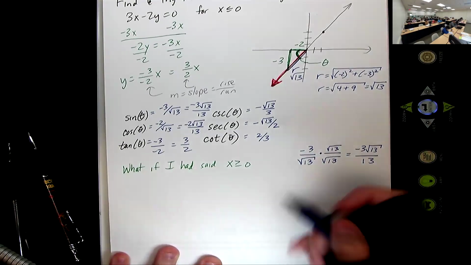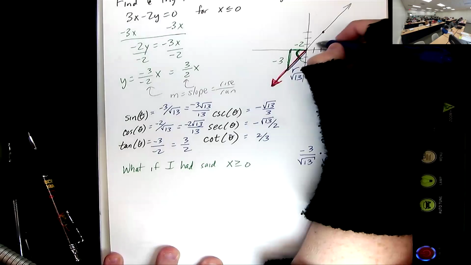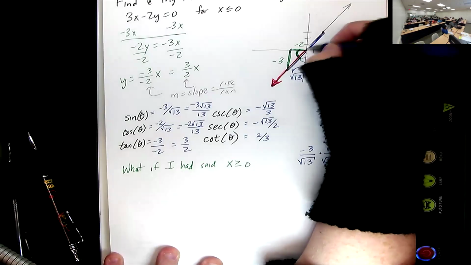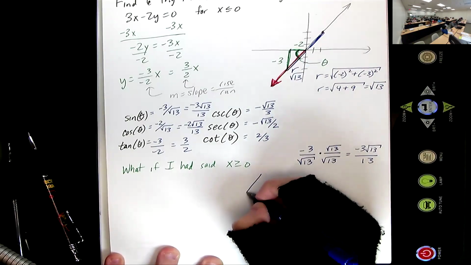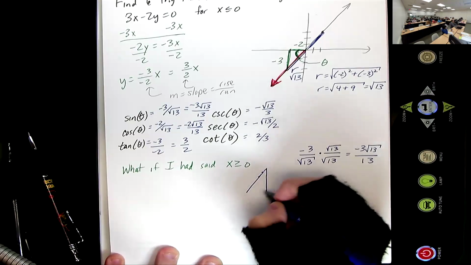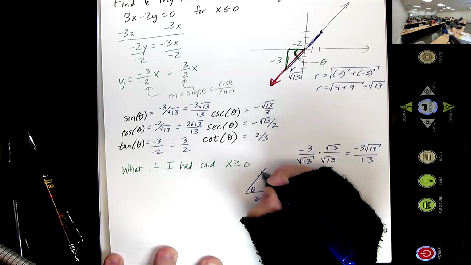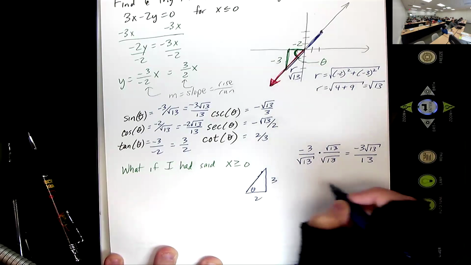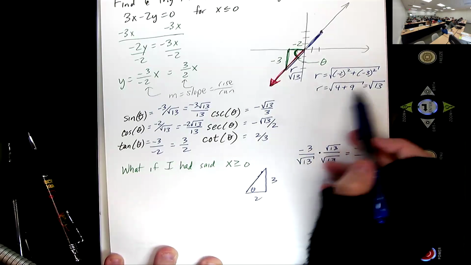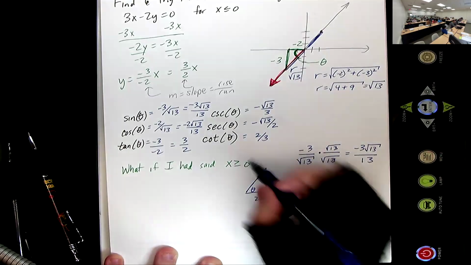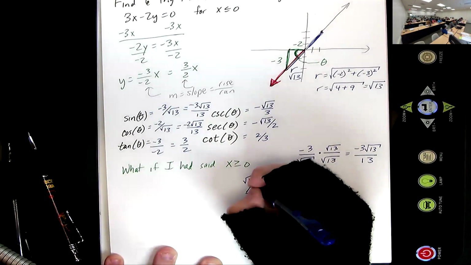If we had done x greater than 0, we're now looking at this section. And that triangle is going to look like this: 2, 3, there's my theta. And if I square -2 or -3, 2 and 3, we see we get the same square root of 13 either way.